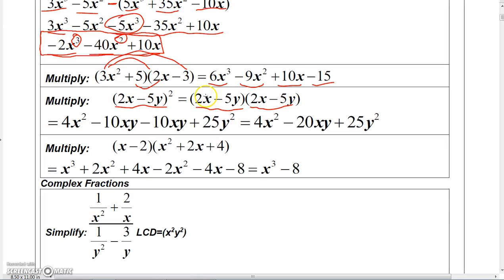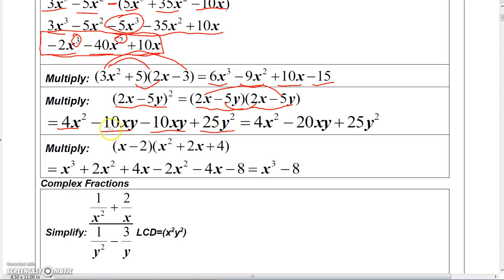So you'll say 2x times 2x to get the 4x squared. And then if you do the outer product, 2x times minus 5y would give you minus 10xy. But then if you do the inner product, you'll get the same thing. Minus 5y times 2x is minus 10xy. And then when you multiply the two last terms together, minus 5y times minus 5y, you get 25y squared.